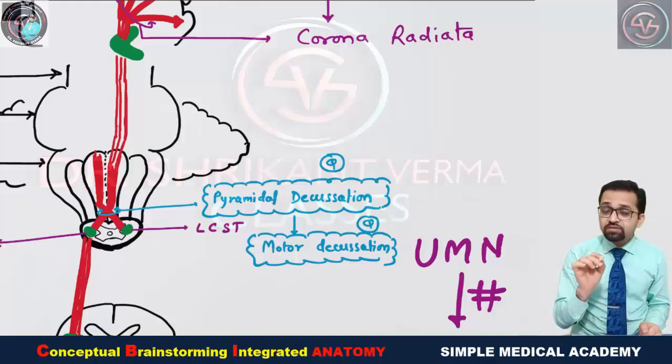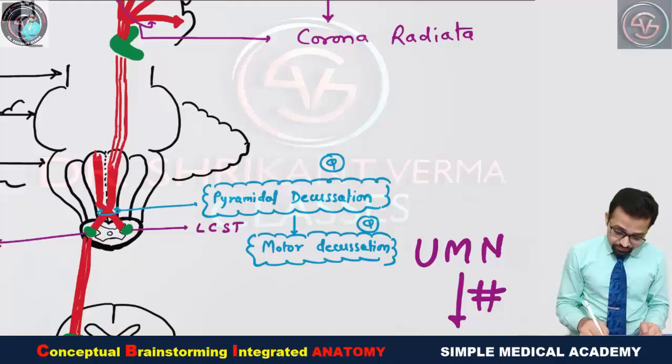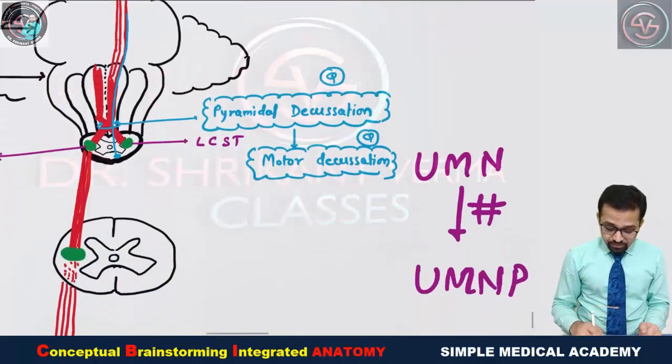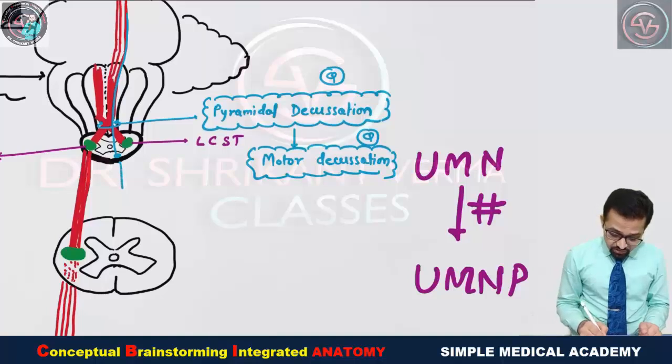I am showing these fibers with the help of blue color. A few fibers are coming from the same pathway, but they are not crossing the midline. They are descending down from the front side, and they make a bundle on the front part of the medulla. And when they are coming down, again they make a bundle of axons.